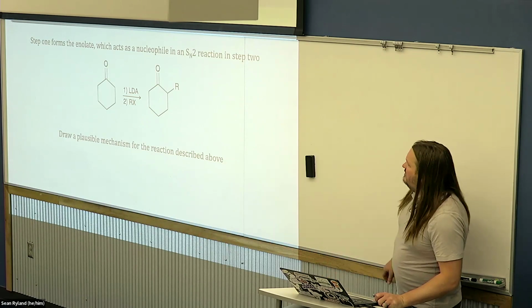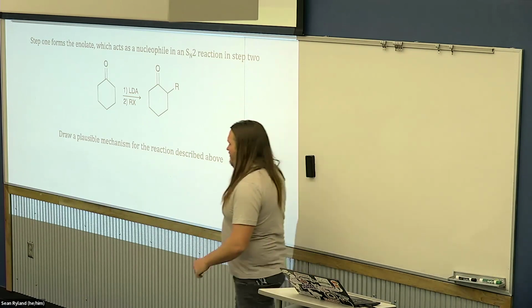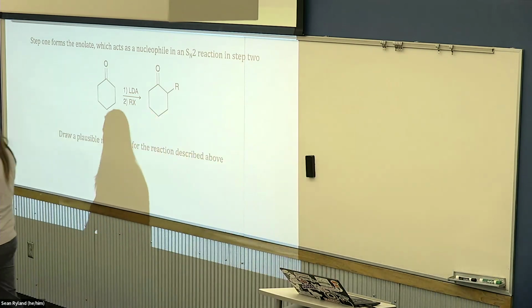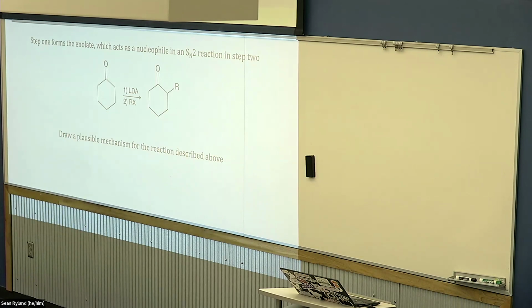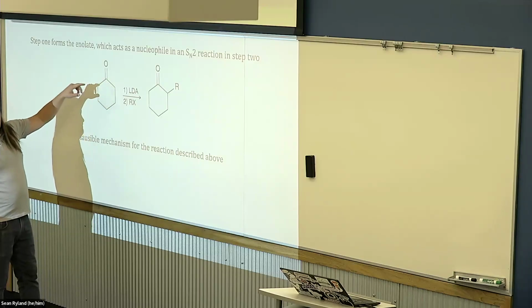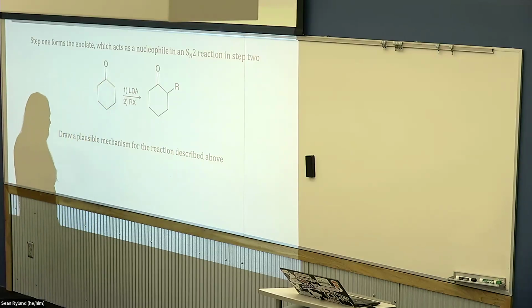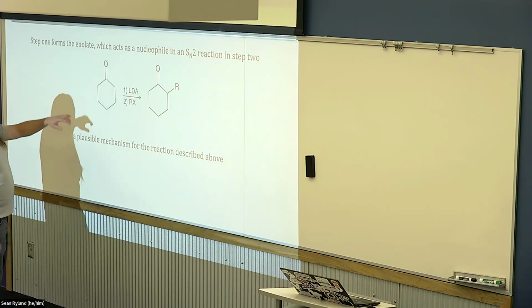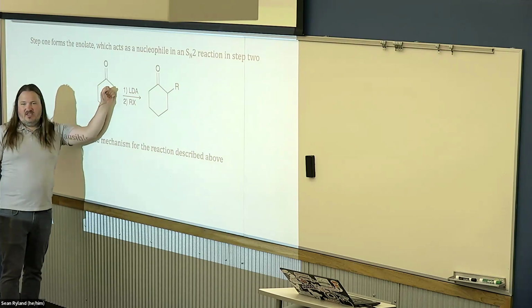Alright, so if we don't want to do one of these condensation reactions where the enolate reacts with another carbonyl, we can just use the enolate as a nucleophile and have it go through an SN2. So this is actually the simplest way of adding an alkyl group because you basically just get the alkyl.